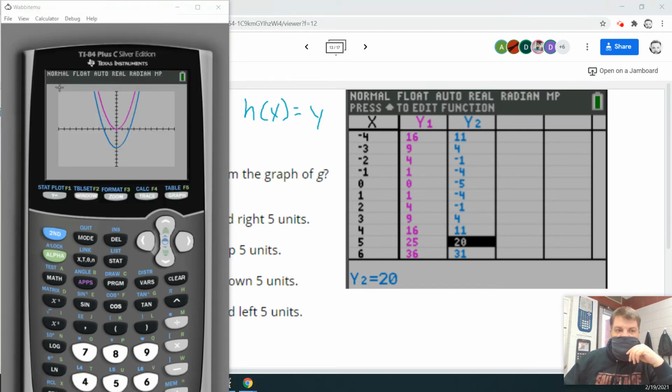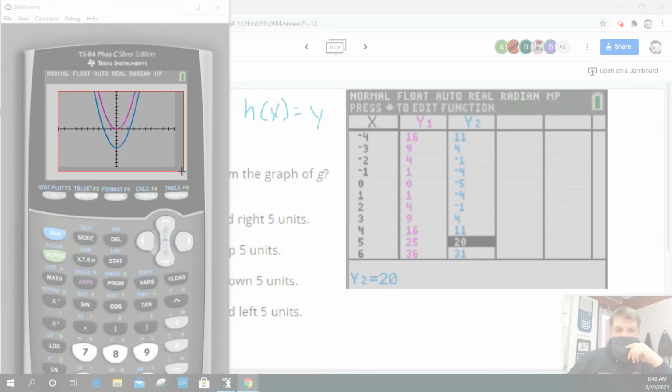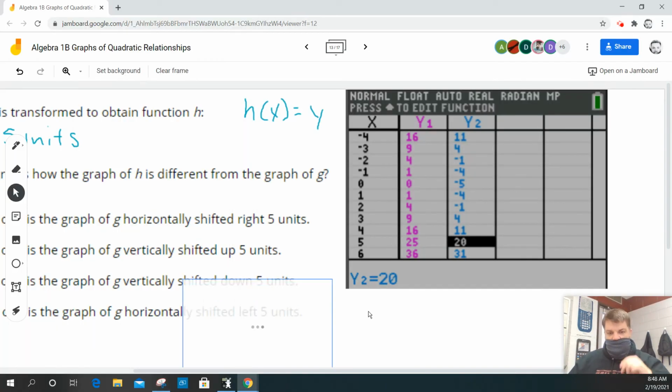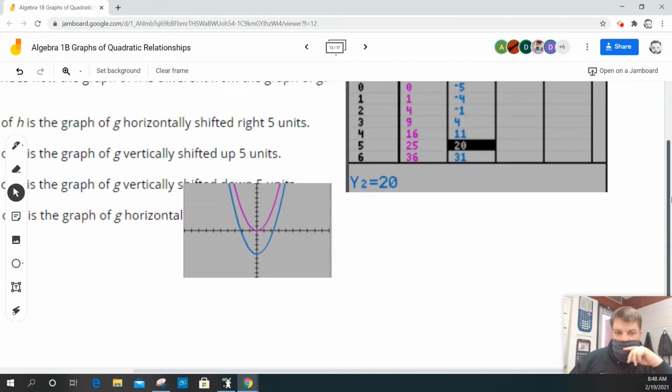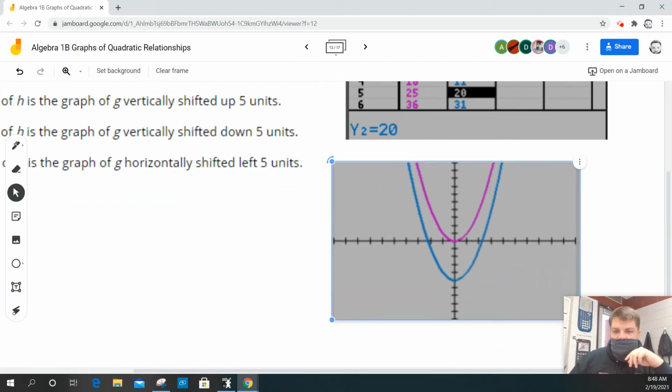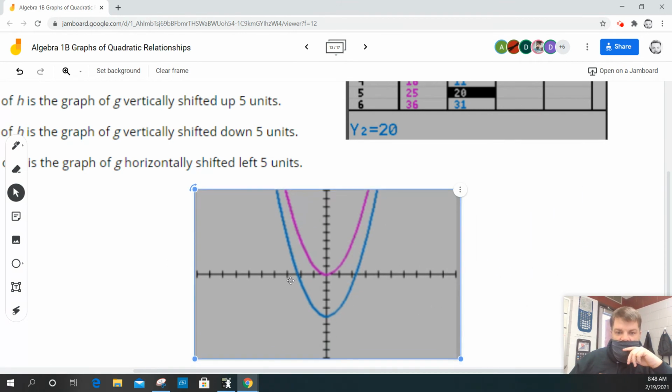So let me take a screenshot, put that on your notes. And I'll blow it up so you guys can kind of see. What we're doing here is every point here is just going to go down 1, 2, 3, 4, 5.